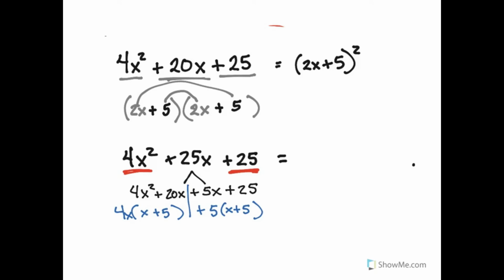If you split the middle term and factor by grouping, we end up with 4x plus 5 times x plus 5. So just because you see a square at the beginning and end of the trinomial does not mean it's necessarily a perfect square. You have to check the middle term.